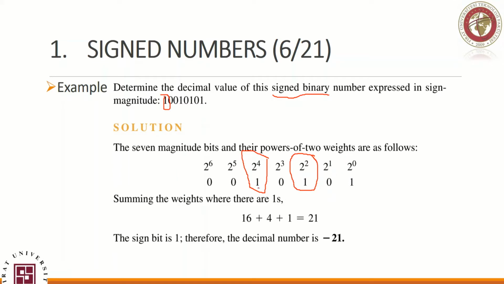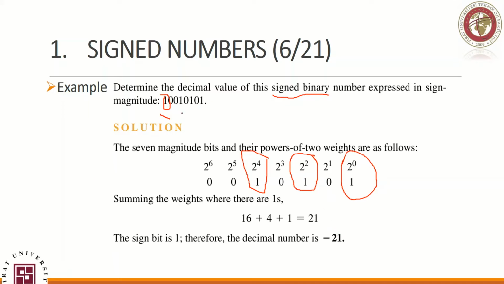So what we have here are these three weights: 2 to 4, 2 to 2, 2 to 0. So 16 plus 4 plus 1, that's 21. But remember that we have the sign bit, so this is negative. Add the sign to the number, and that represents the whole number in decimal.